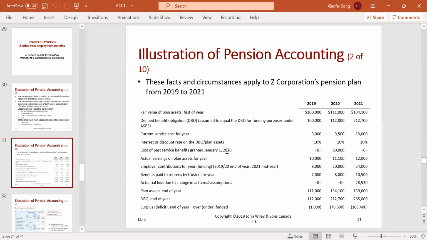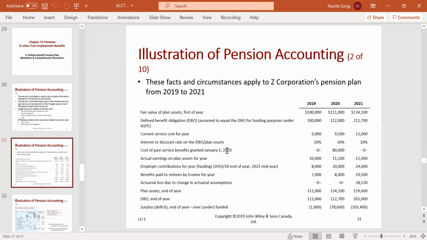When the past service cost is granted, it will be added to the defined benefit obligation. Right now, the company has more obligation. If it's added onto the defined benefit obligation on January 1st, that means the interest of the current year will be accrued on this amount as well.